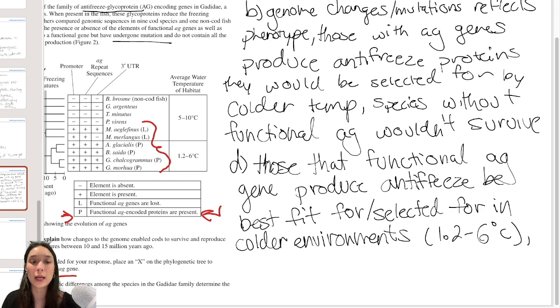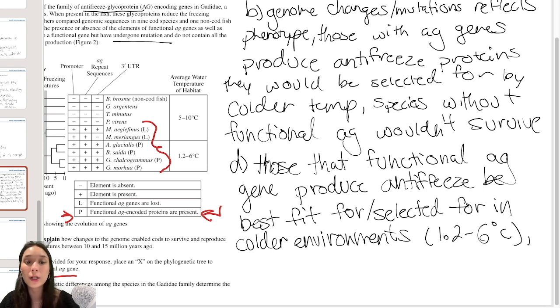So I would mention in the colder environments 1.2 to 6 degrees Celsius. And then I would say that the ones that don't have the functional gene would not be able to survive in that temperature. Therefore, they have to live at the warmer temperatures because that's what they're most fit to live at. They're in no way fit to live at these colder temperatures because they don't produce those specific proteins. So non-functional AG, they don't produce the proteins.